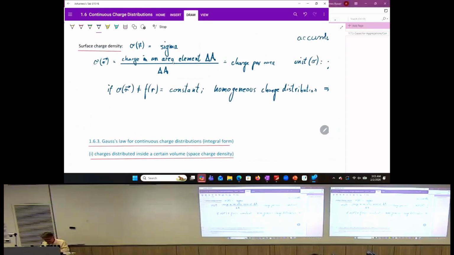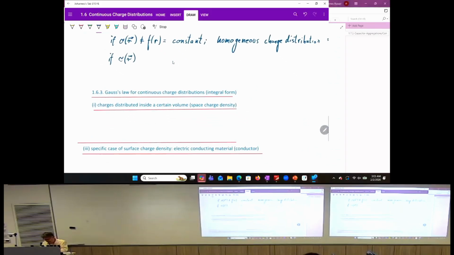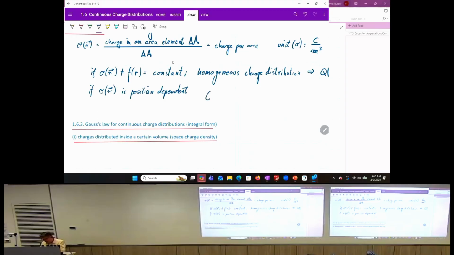The other scenario is, as we had it for the space charge density, you can have a position dependent density. Then you end up with a Q of A, which is obtained by taking the integral over the surface charge density, and that gives you the total charge on surface A.